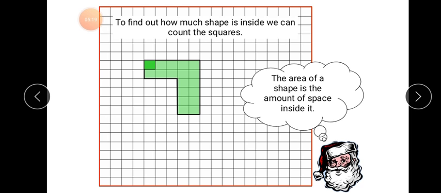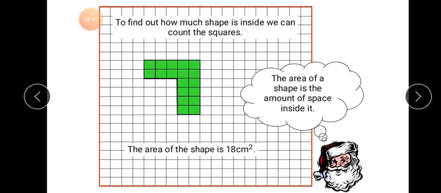For example, if I want to find the area of this one, you count 1, 2, 3, 4, 5, 6, 7, 8, 9, 10, 11, 12, 13, 14, 15, 16, 17, 18.